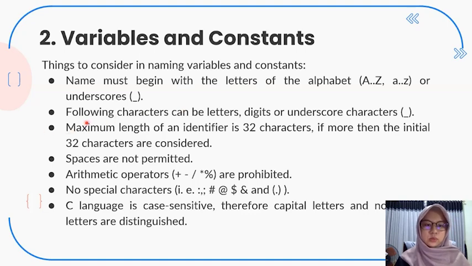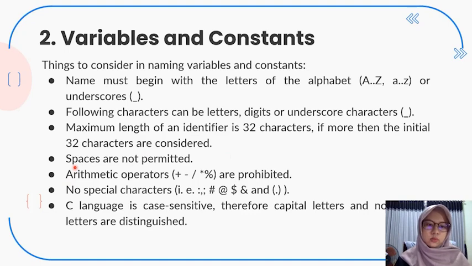And the next one is the following characters can be letters, digits, or underscore characters. Maximum length of an identifier is only 32 characters. If more than 32 characters, then the initial 32 characters are considered.